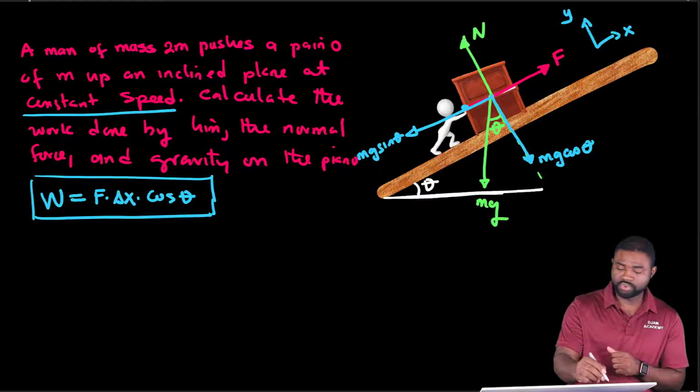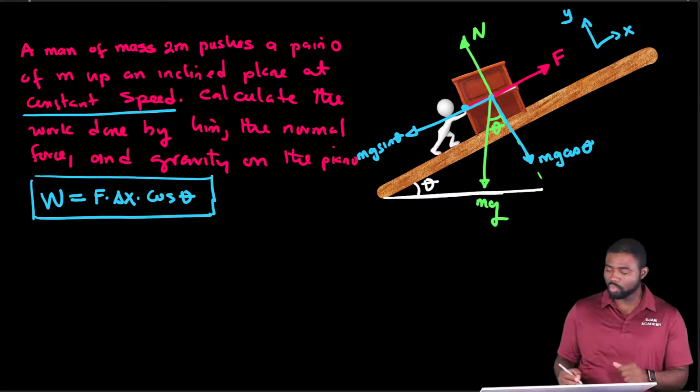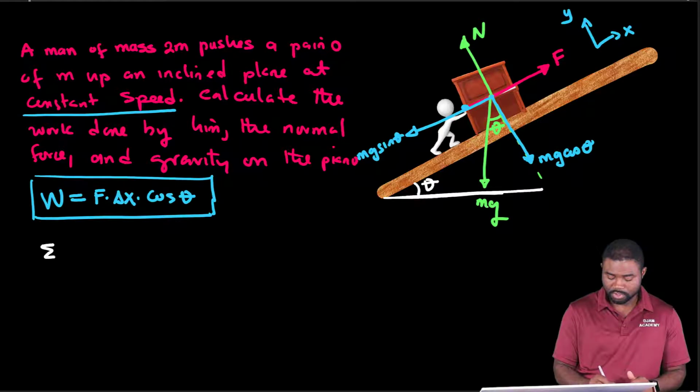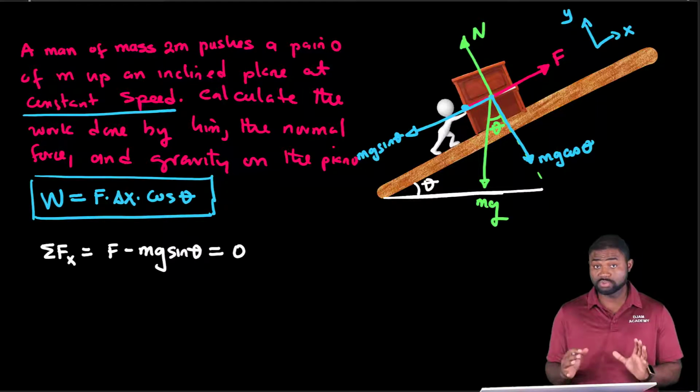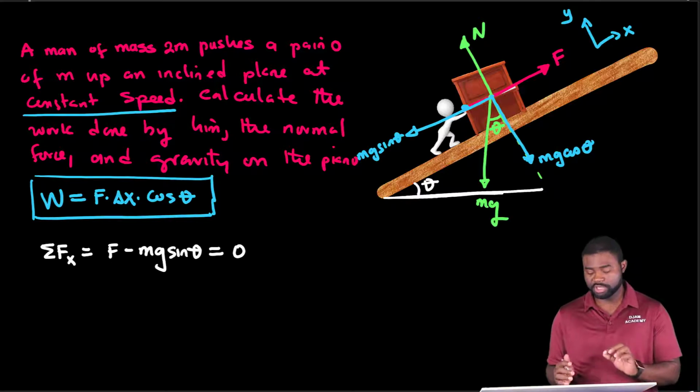So the sum of forces along the x direction will be F minus mg sine theta, and all of this should be equal to 0, because the piano is being pushed up the plane at a constant speed.